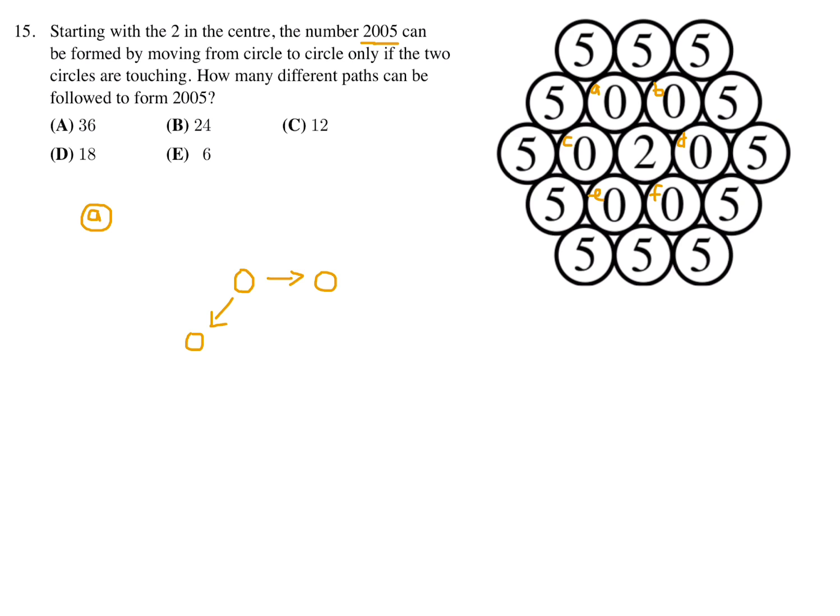Now at this point, I still don't have my full number. The full number is 2005. So once I'm here, I've got to get a 5. How do I get a 5? Either here, here, or here. So I'll draw that in my diagram over here. It looks like 5 like that, 5 diagonally, or 5 to the northwest, perhaps.